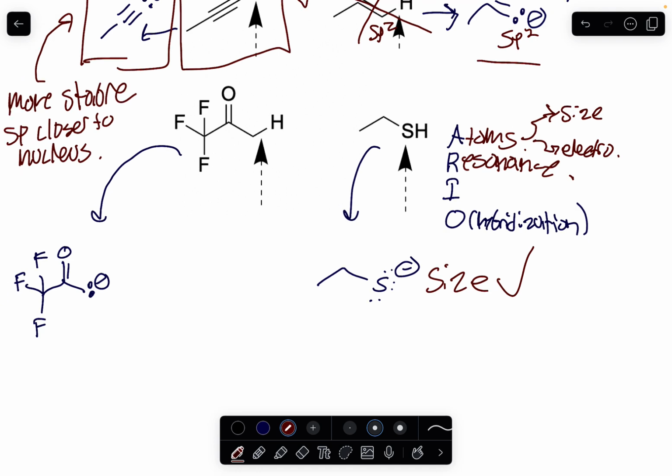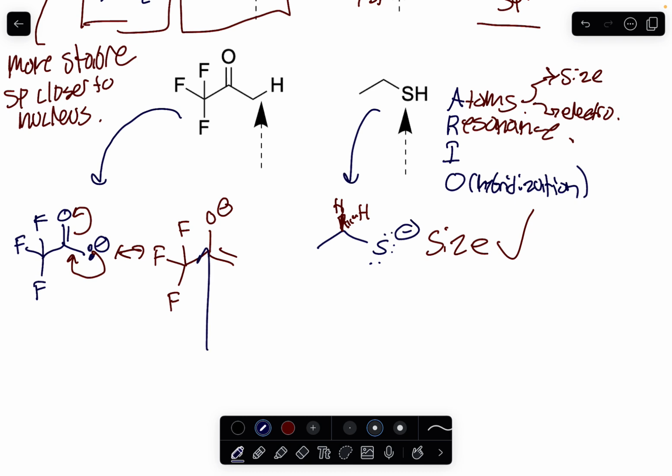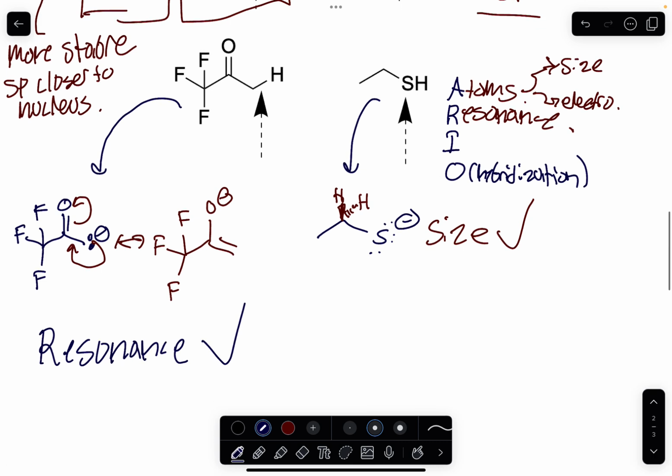It is not possible over here since this carbon has 4 bonds already, so it cannot form a double bond. In this case, though, we can push this carbon-oxygen double bond up, and that will form a resonance structure. Moreover, this oxygen actually has an electronegativity advantage over the sulfur, even though it's smaller. However, I'm just going to put resonance for simplicity, since size wins over electronegativity of the atom anyway.